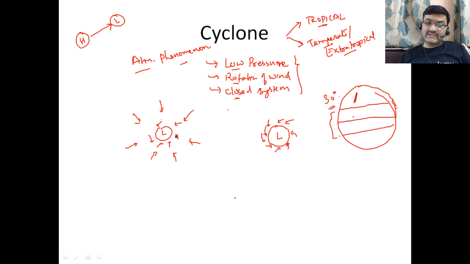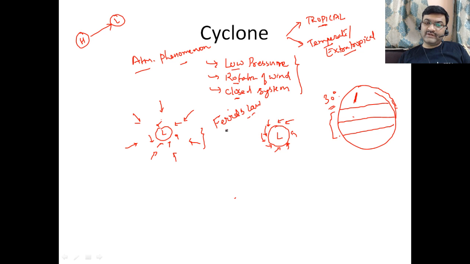So there is a convergence, but rotation is because of the Coriolis force. Coriolis force, you might be knowing, is the force of deflection that is caused due to the rotation of the earth. For the cyclone to have this rotation, you need a Coriolis force, and the direction of rotation is determined by a law that is known as Ferrel's law.